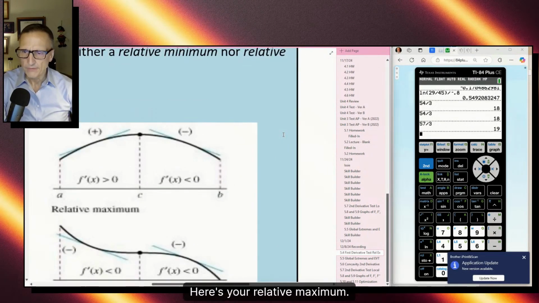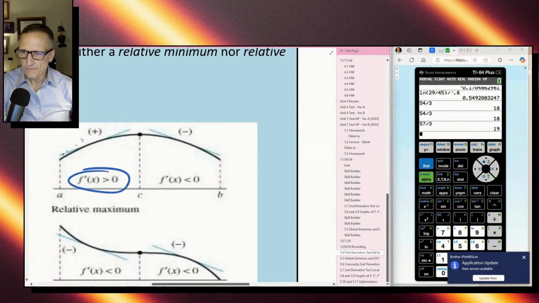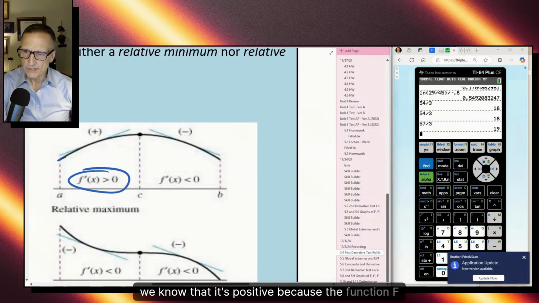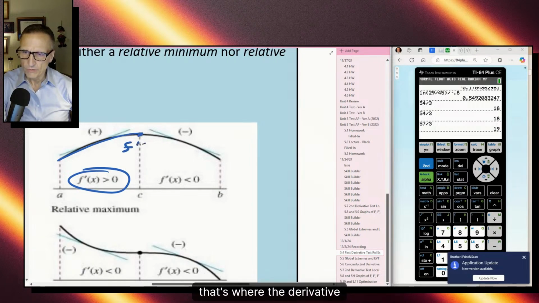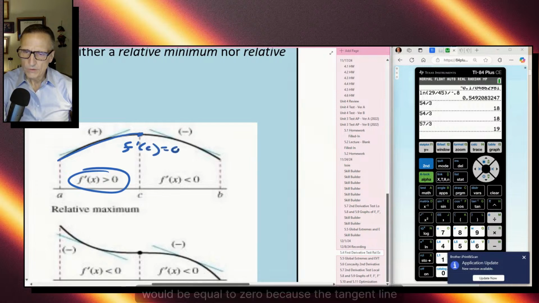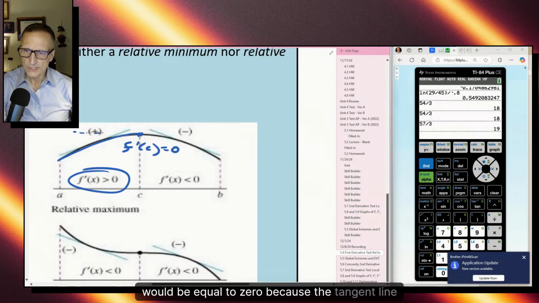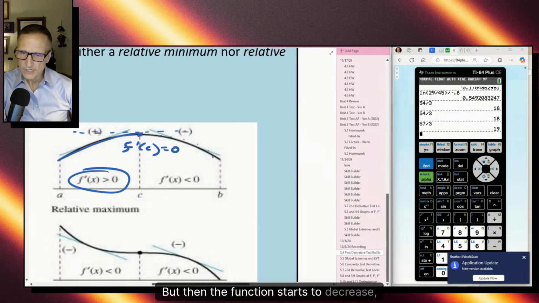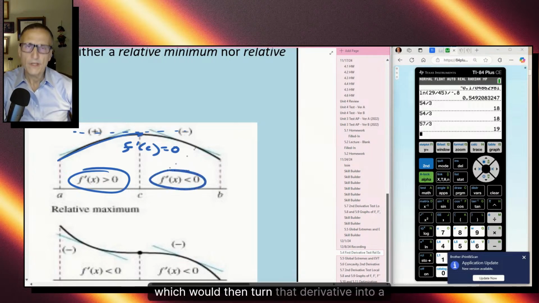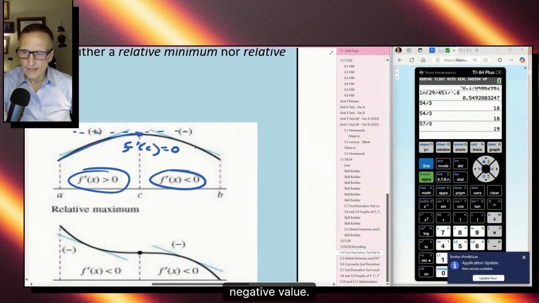Here's your relative maximum. Here your derivative is positive. Why is it positive? Well, we know that it's positive because the function f of x is increasing. And then when it reaches this point, that's where the derivative would be equal to 0, because the tangent line slope would be 0 right there. But then the function starts to decrease, which would then turn that derivative into a negative value.